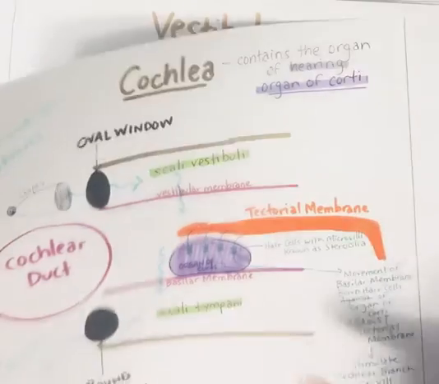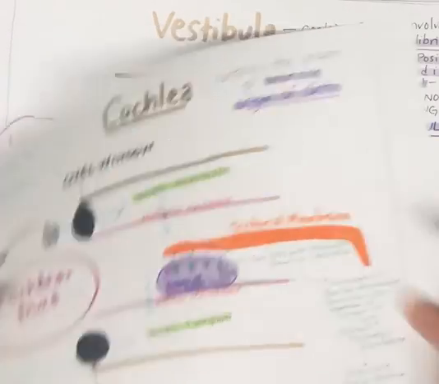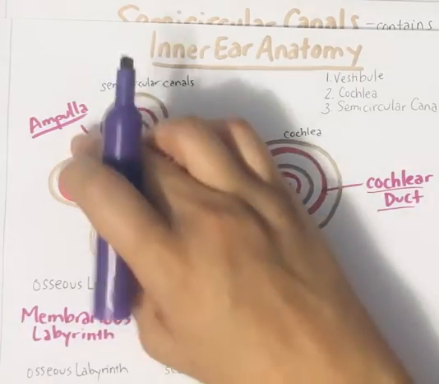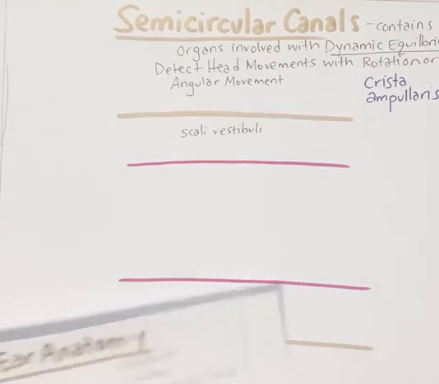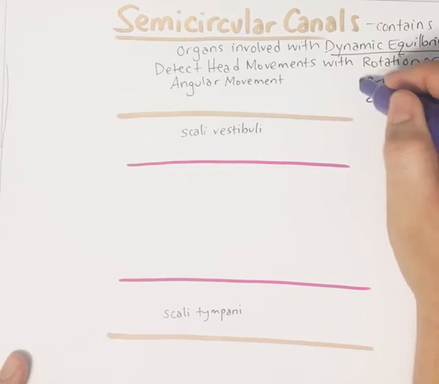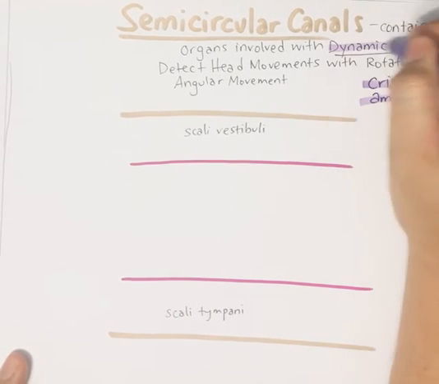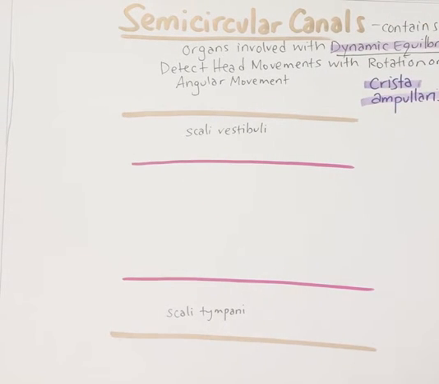Macula with hair cells, organ of Corti with hair cells, tectorial membrane, otolithic membrane. So this one, the ampulla, has the crista ampullaris, which is also going to look very similar to the macula and the organ of Corti. I draw it just a little bit different.